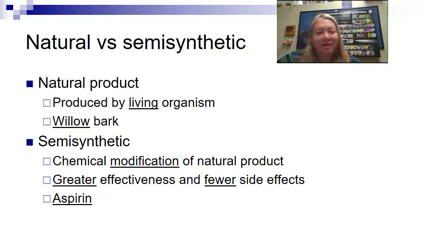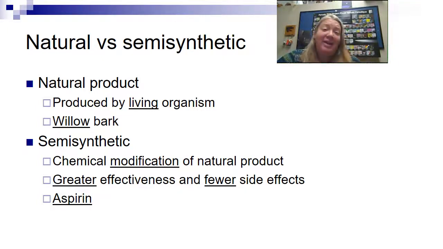So, like we've established, this chapter is going to deal with some of the chemicals that can alter our perception, whether that be the perception of pain or the perception of reality. Now, some of these compounds are natural products. Natural products means that they're produced by living organisms. You find them in nature. We don't have to do anything to them.